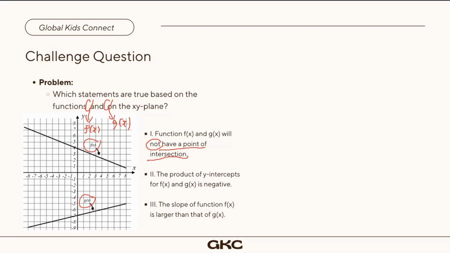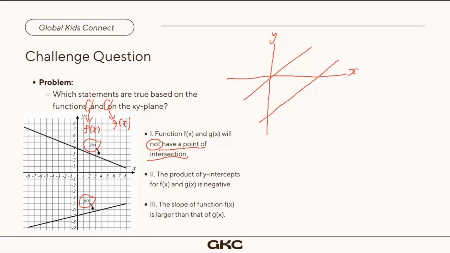And so when we have two parallel lines, then it means the slope's the same and they move in the same direction, which means that if they're on an xy plane, for example, at no value and at no point will those two lines touch each other because they're parallel.